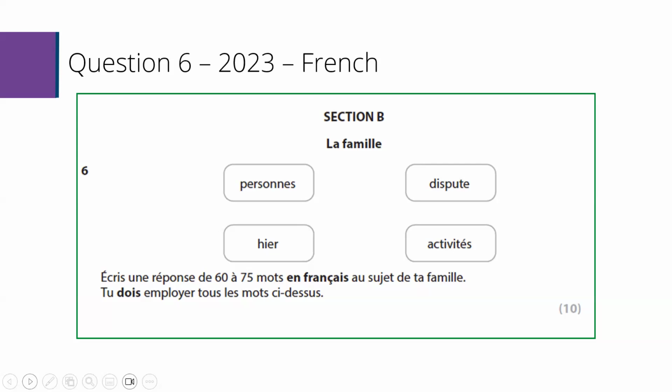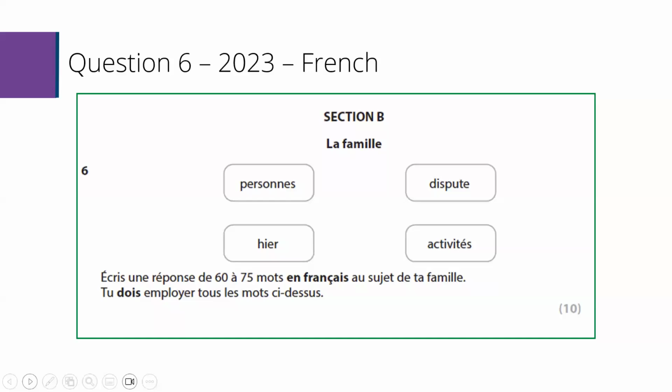Okay, so a couple of things that we need to say about this question then. They're given a topic, so the subject is the family, and they're told, write an answer of about 60 to 75 words in French on the subject of your family.